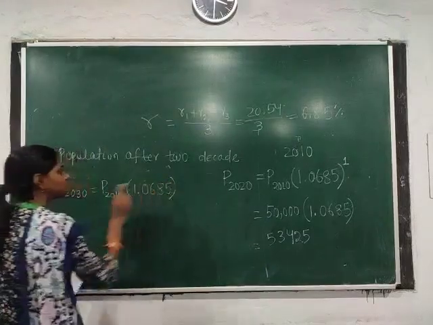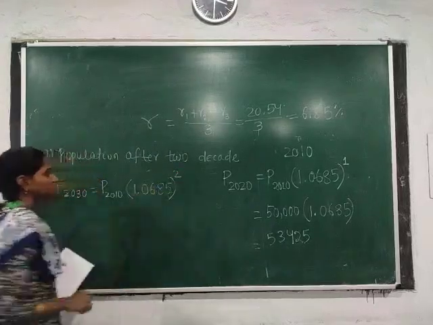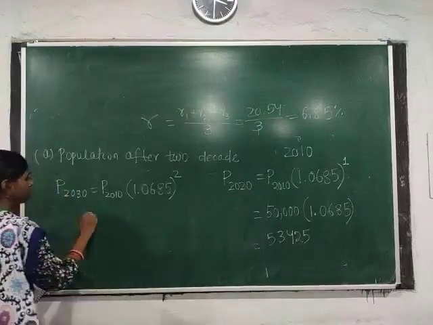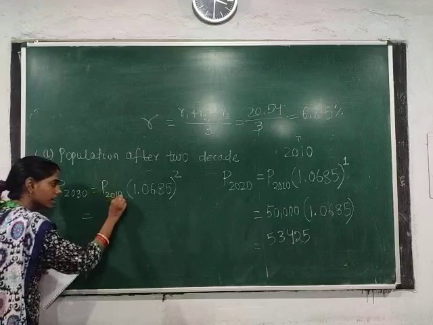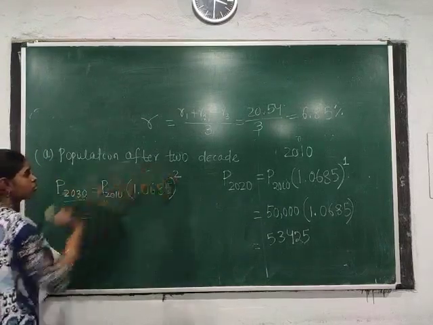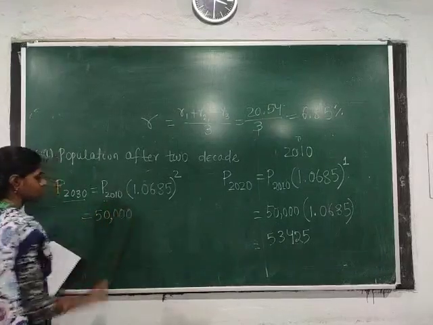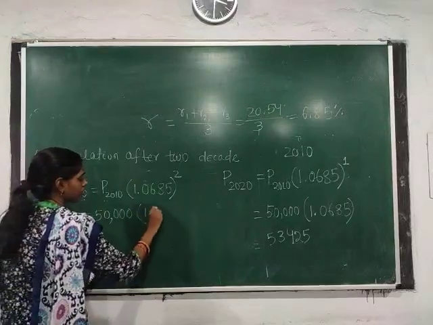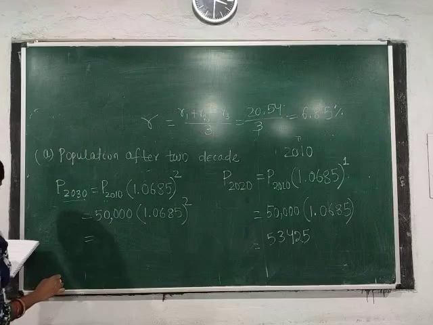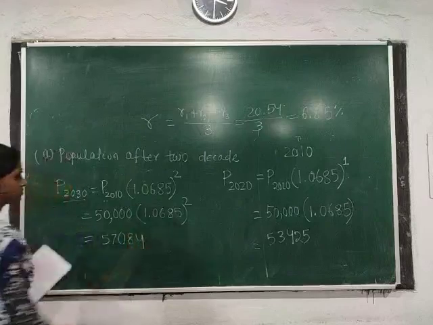In place of n we will put 2 because the difference in decade is now 2. We have 2010 data and we are forecasting 2030, so the difference will be 2. So the population in the year 2010 is 50,000 whole square. So this will come out as 57,084.